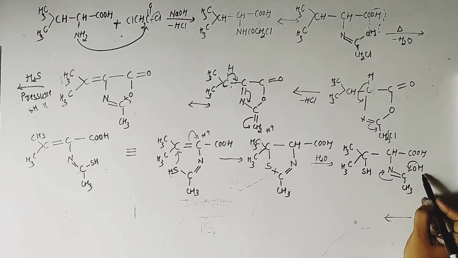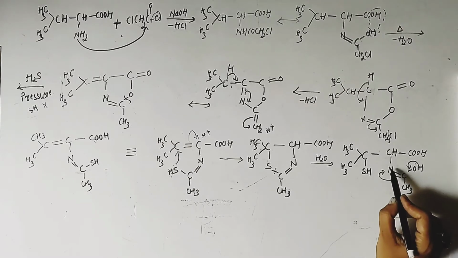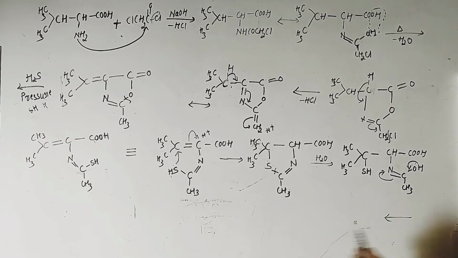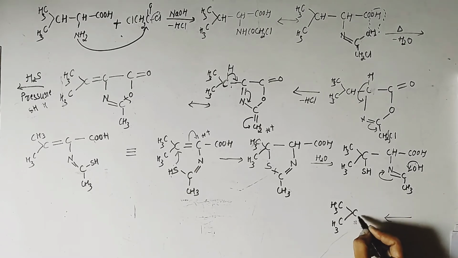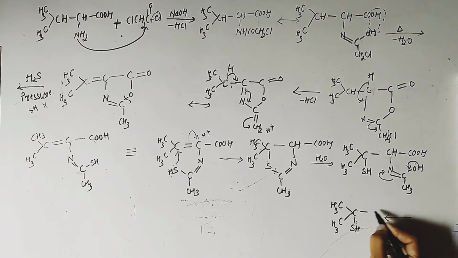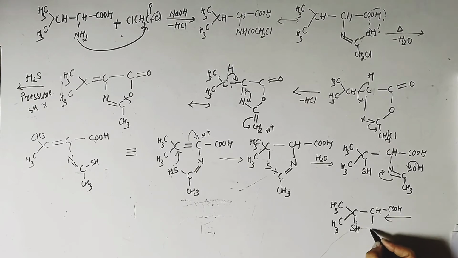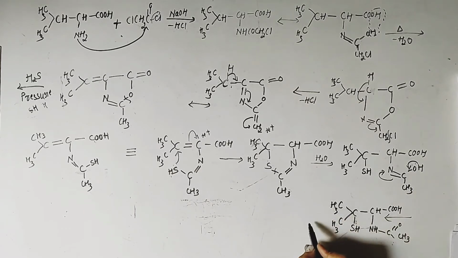That means the removal of one hydrogen will take place from here, and the addition of that hydrogen will take place at the nitrogen, and we will get one more compound, that is CH3, CH3, C-SH, and here CH, COOH, and here we get NH, CO, CH3.